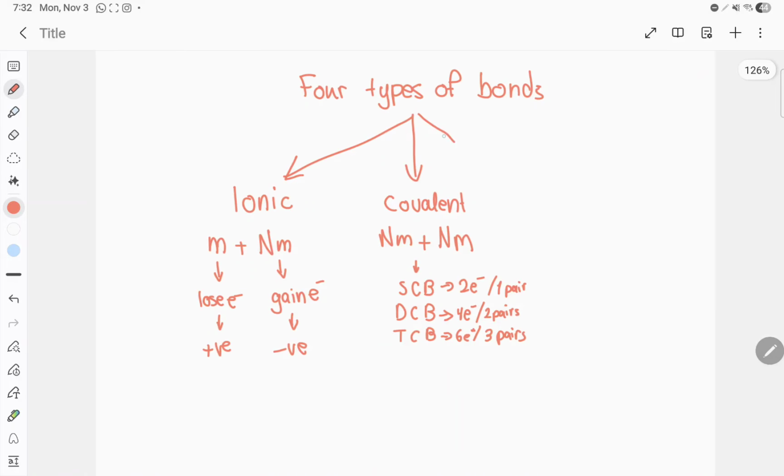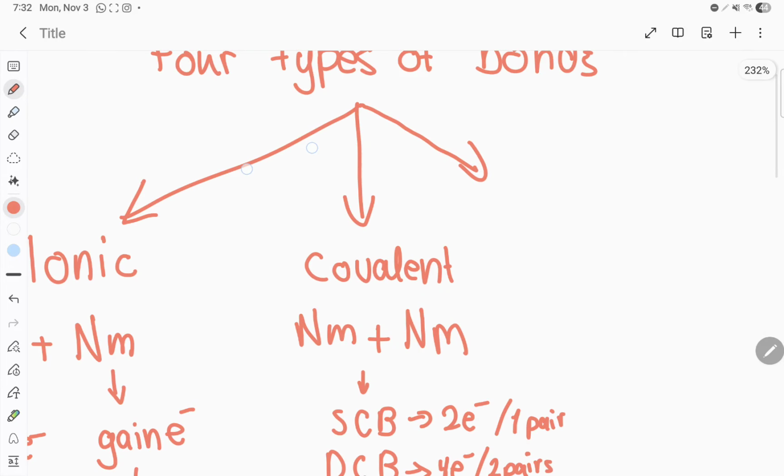Here we have our other type, which is our metallic. And this happens between a metal and a metal.